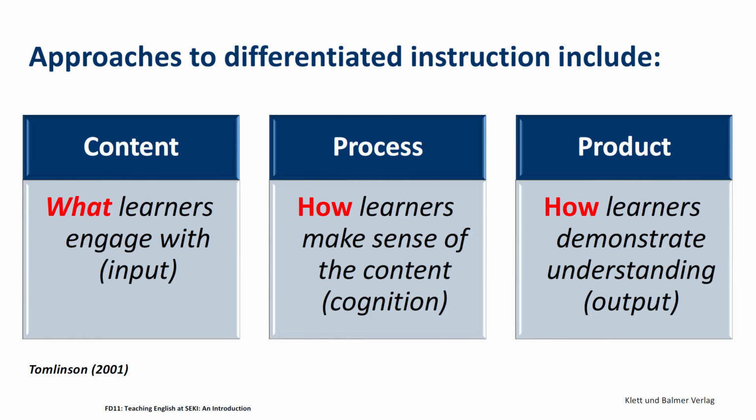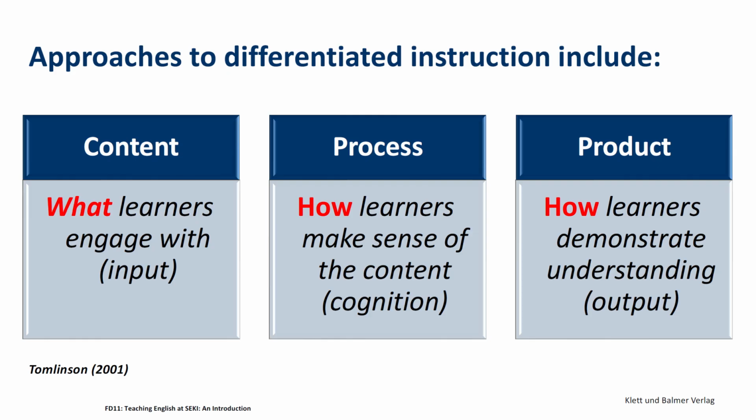Now, Tomlinson breaks this down into 3 ways we can differentiate. Like I said, I'm doing this very briefly, but this provides the framework on which the strategies and the practical applications we're going to look at later link to. So she suggests we can differentiate the content. This is what the learners engage with. That can be the input, for example, reading or listening tasks, the ideas, or the different materials.